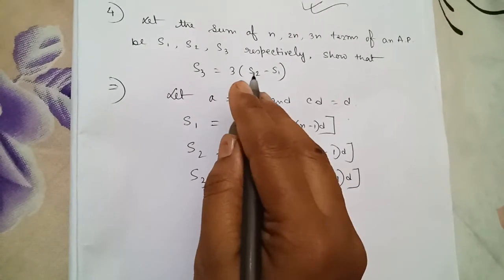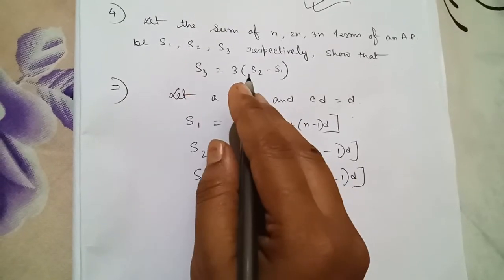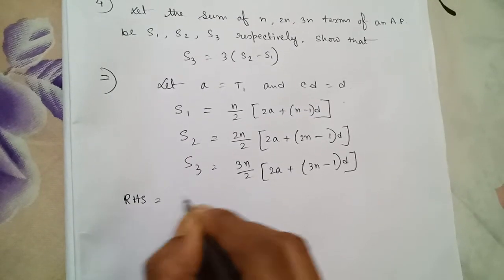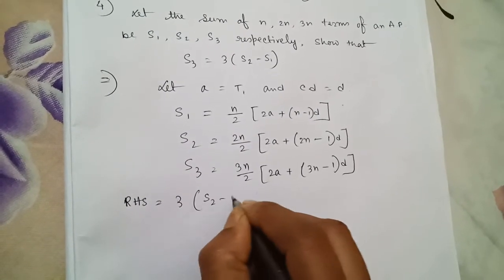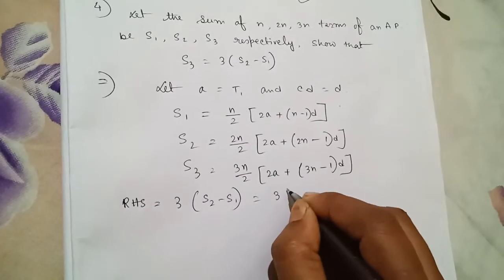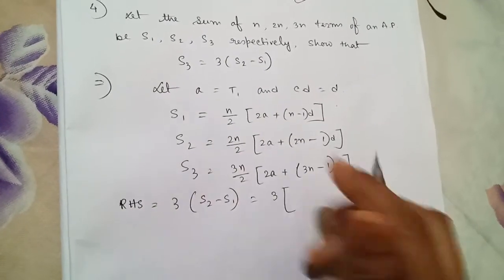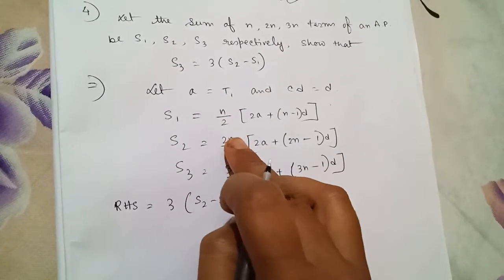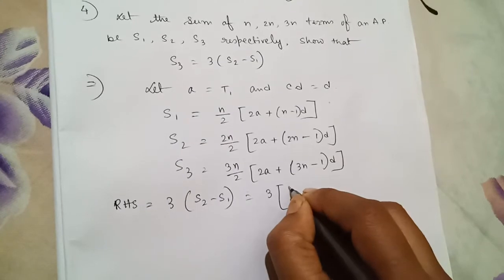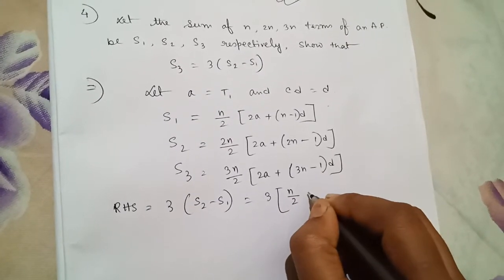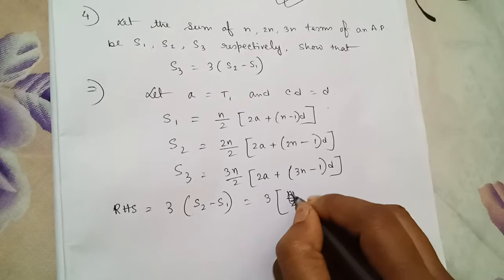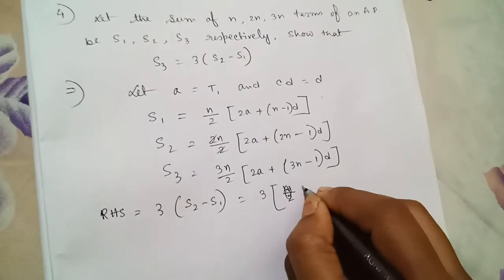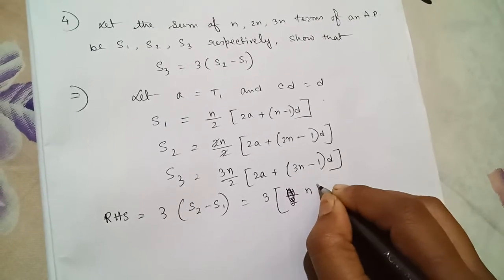Now we will expand the right hand side and then try to come to the left hand side. So the right hand side is equal to 3 into S2 minus S1, that means 3 into whatever is written for S2 minus S1 here. So we can take n by 2 common from both. So I'm taking n common from both.